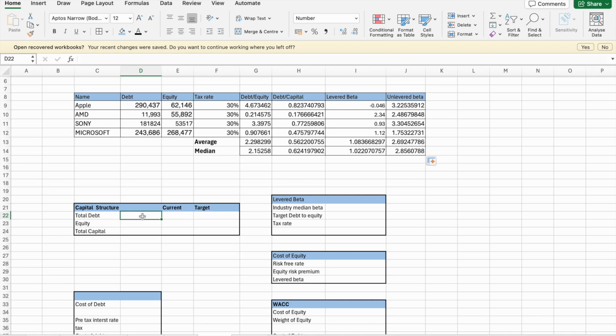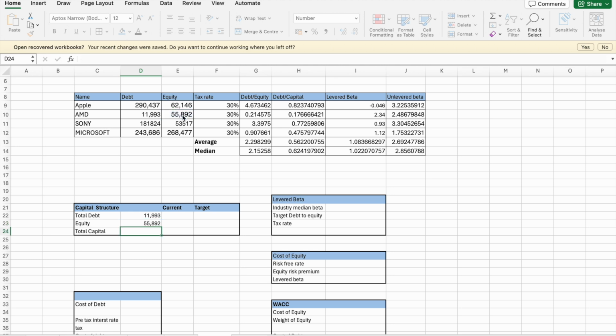So we take the unlevered beta median, and then we transfer it back to the levered one, because we can't analyze based on something which is unlevered. We need to adjust the debt as well, so we transfer back to the levered one.